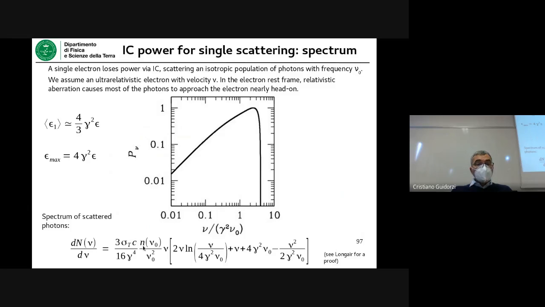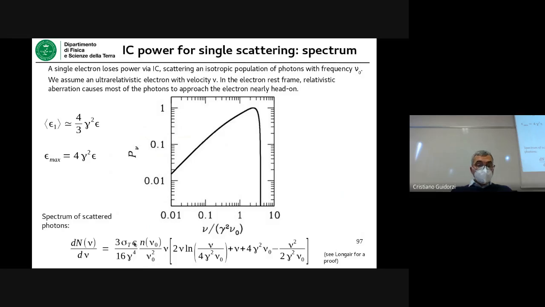Let's have a look. n is the specific photon density, so the number of photons per unit volume per unit frequency of the initial population of photons. From a dimensional point of view, here you have frequency squared times frequency among square brackets. This is all frequency, so frequency times frequency squared over this.